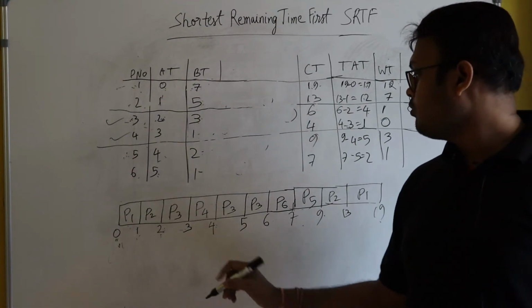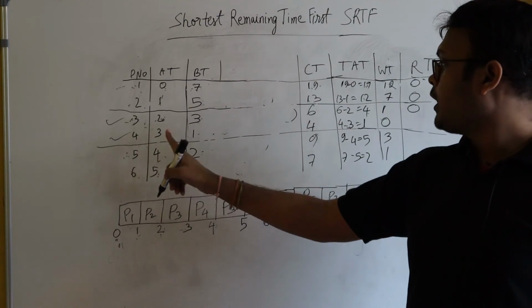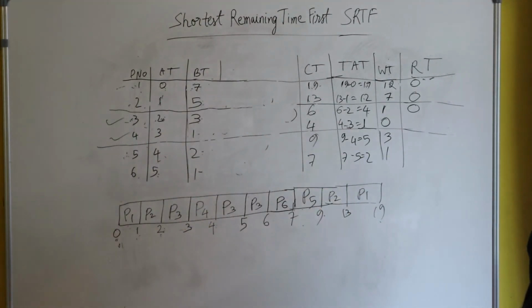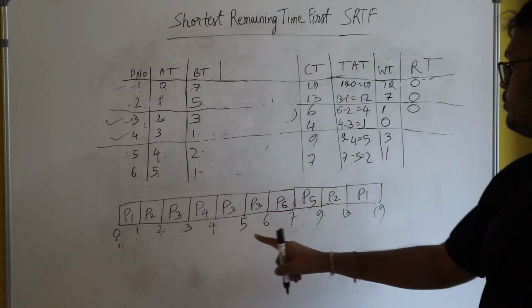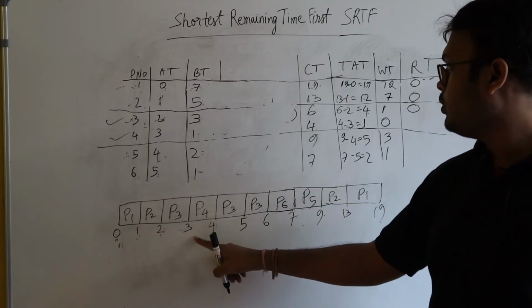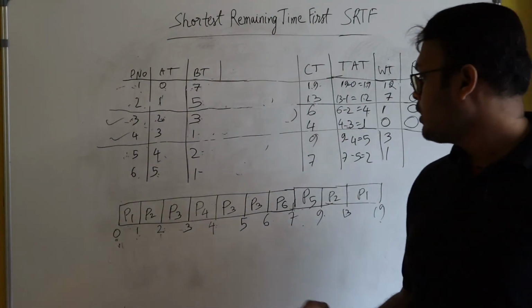What is the response time of P4? P4 arrived at 3 and got scheduled at 3 immediately. So it will be 3 minus 3 is equal to 0. What is the response time of P5?